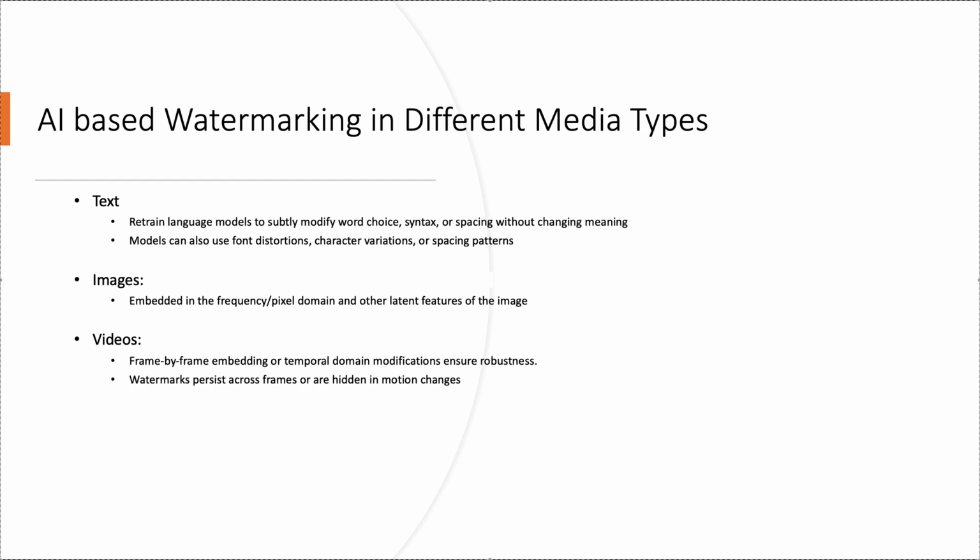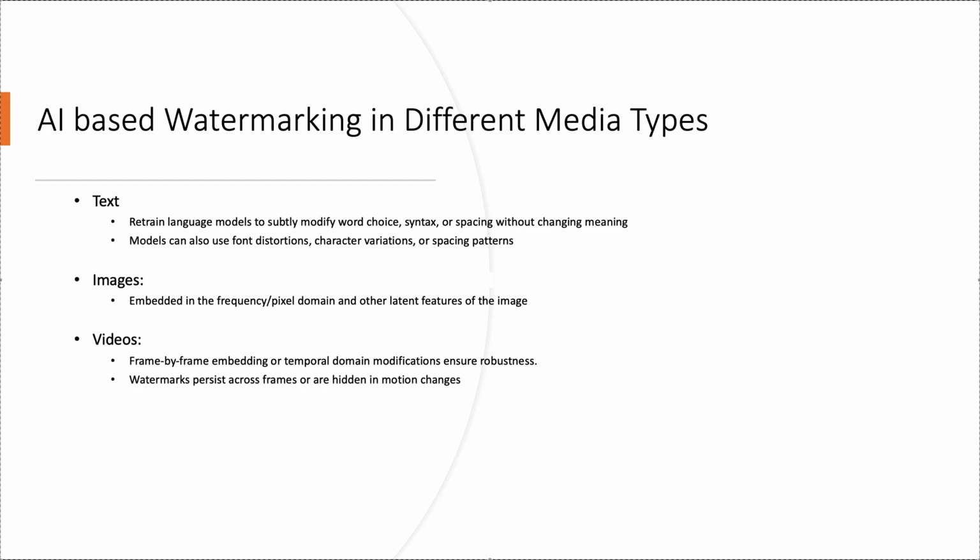Second, and more sophisticated, is temporal domain modification. Here, the watermark is hidden in the changes between frames, in the motion itself. Think about it. Video is really just a sequence of differences. The AI can encode information in how objects move, how scenes transition, or how lighting changes over time.